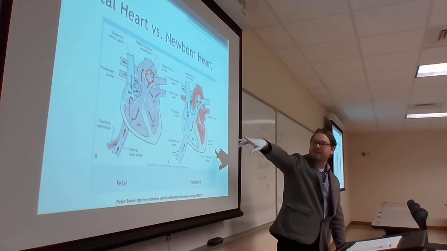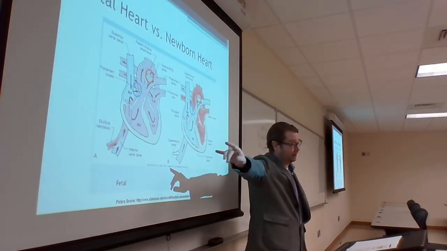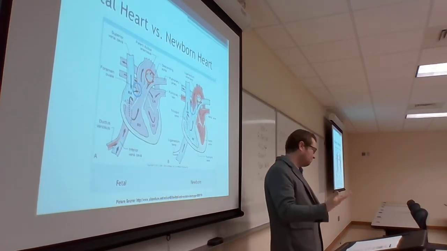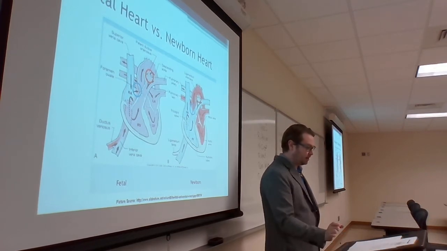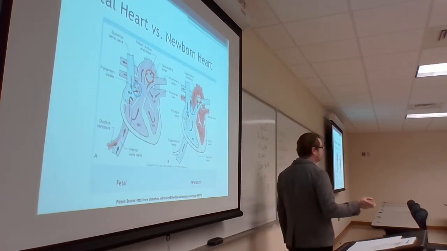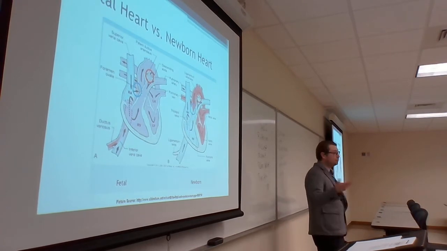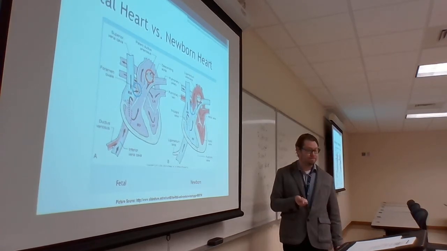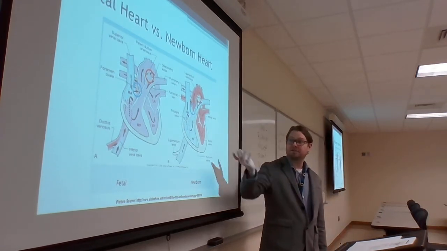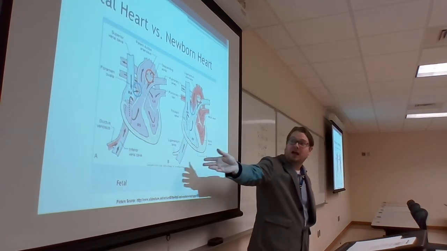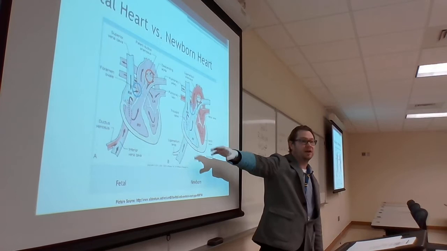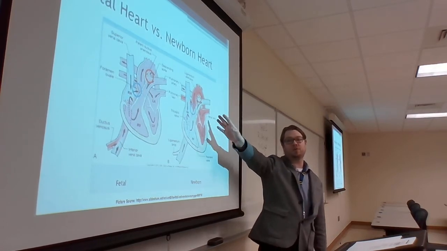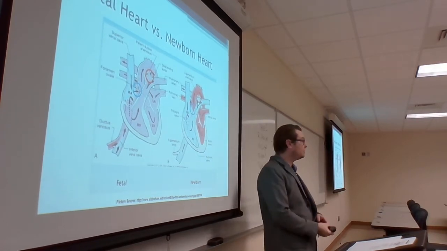Now, the foramen ovale closes really quickly. It closes right after birth. And actually the closure is triggered by a shift in pressure, right? So in a fetal heart, the area of highest pressure is actually the right ventricle. And where's the area of highest pressure in a newborn's heart? Left ventricle.